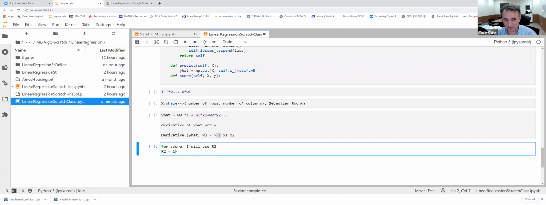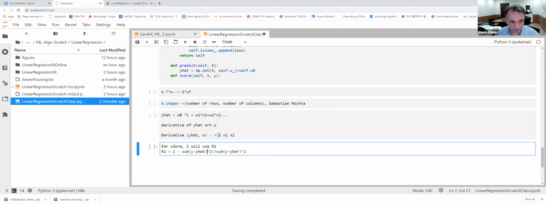look guys, 1 minus. So what you're going to do is find your error: 1 minus summation of errors, divided by summation of y minus y bar squared. This error, let me write it explicitly, is y minus y hat squared.